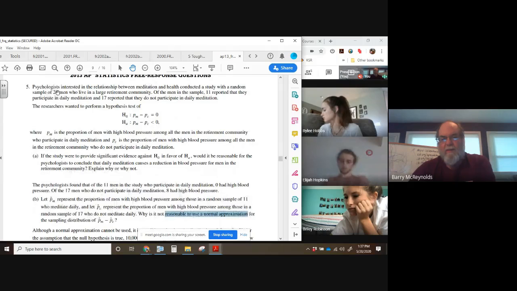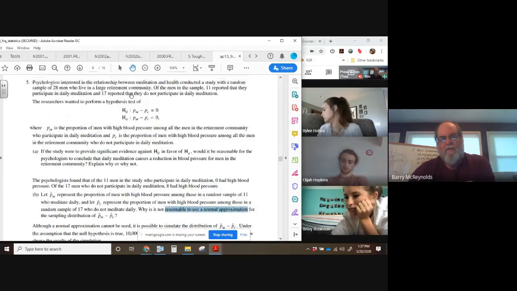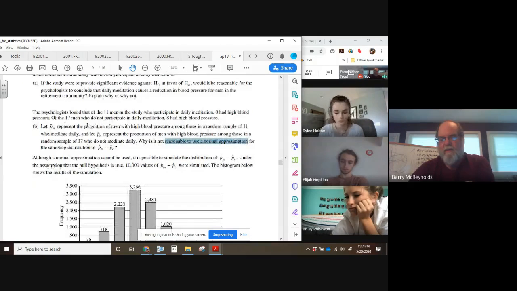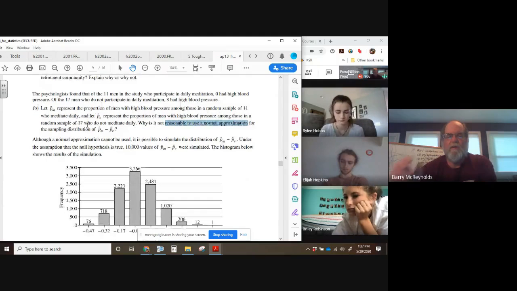And here we have a sample size of 28. So even if this were a test of the difference between two means, we would be hard pressed to say that the central limit theorem applies, because we need n to be greater than 30. And so that's one of the criteria.